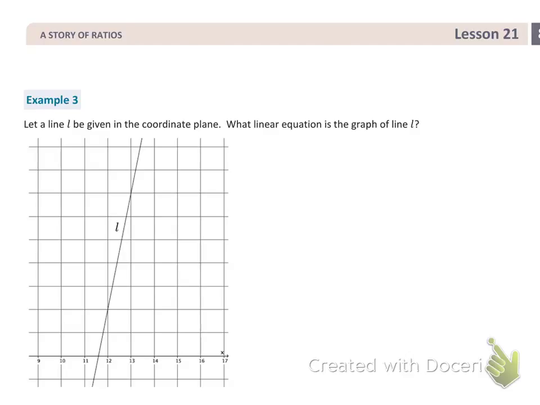Okay, so we certainly don't know the y-intercept here. We can't even see where it crosses the graph. So once again, we're looking for those nice points where the line crosses grid lines. So go ahead and look for those.